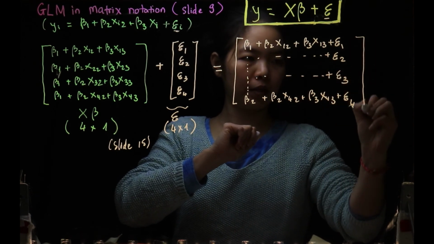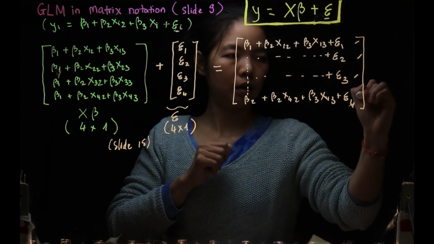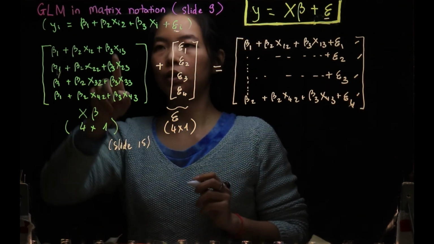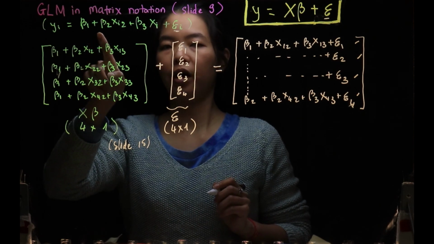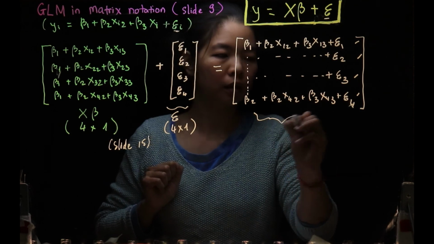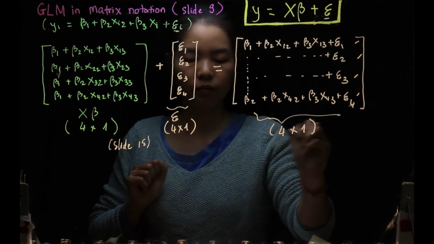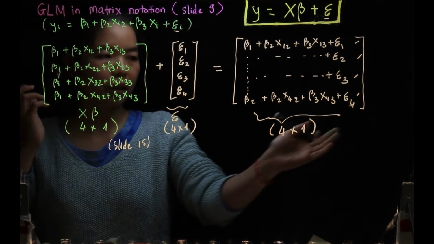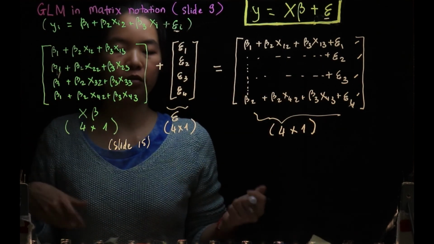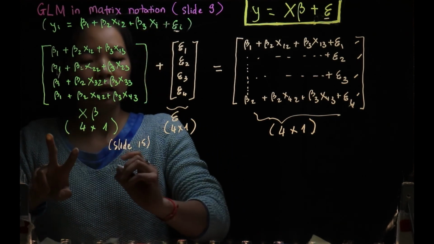And then you will see that each of these column vectors already looks exactly like what you had in the beginning. The dimension is also 4 times 1. The one you want to sum up and the resulting one must have the same dimension as the first one.